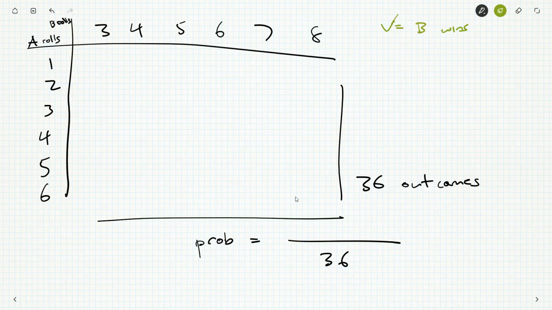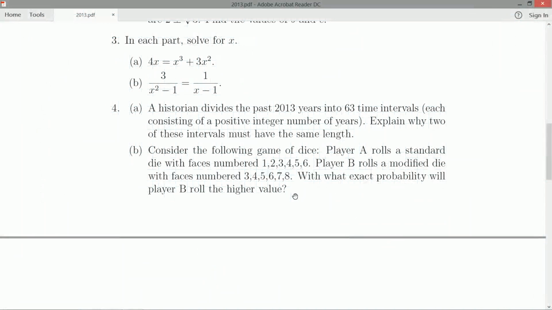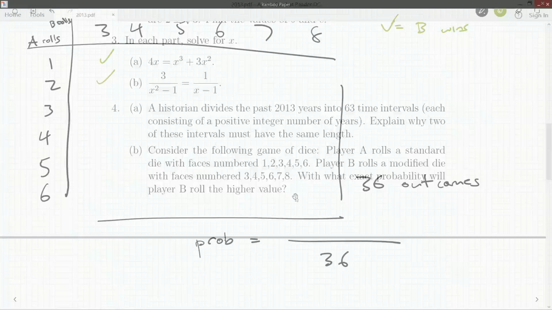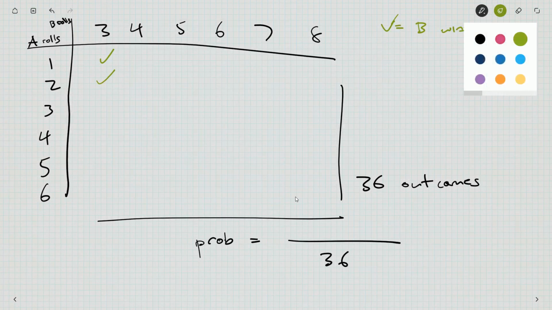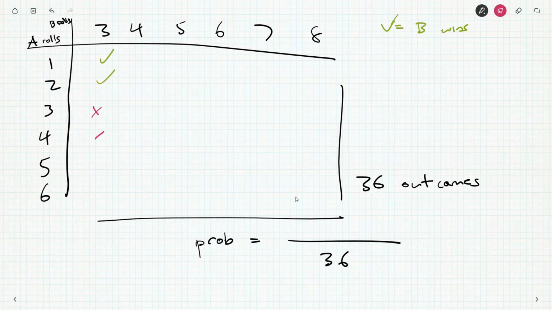Check mark. So B rolls a 3, A rolls a 1. Of course he'll win. Now B rolled a higher value. So if they both roll 3, that's not a higher value. Okay. What if we have a 4? Well, he'll beat A rolling a 1, 2, or a 3, but not a 4, 5, or 6. If he rolls a 5, he'll beat everything up to a 4.